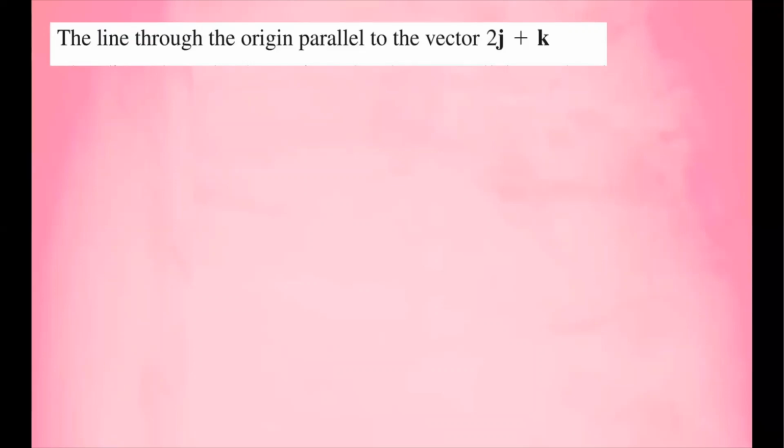Another example, let's find the equation of the line through the origin parallel to this vector. So that means our direction vector will be the direction of this vector. So it has x component 0, y component, the j, that will be 2, and k will give us the z component 1. That's our direction vector. We wanted to go through the origin, so your position vector r0 is just going to be 0, 0, 0.